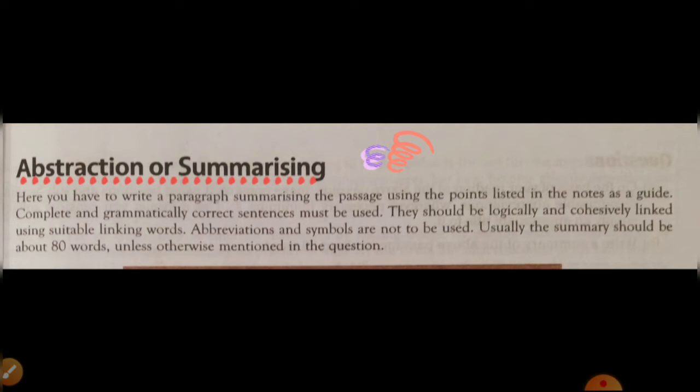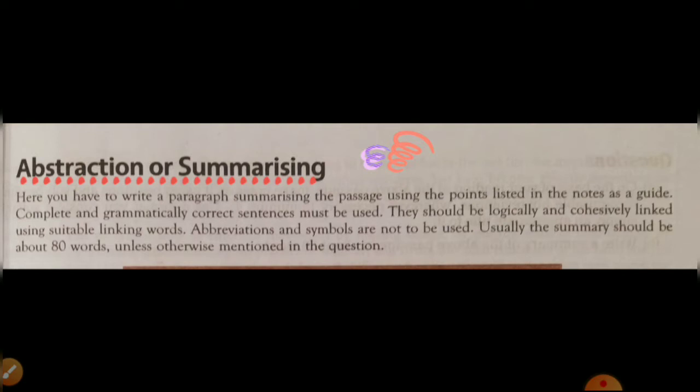Children, we have already learnt about note making. What is note making? It's a process in which we make short notes, which makes our task easier. In that, we made the notes point-wise, and they are not complete sentences, they are phrases.